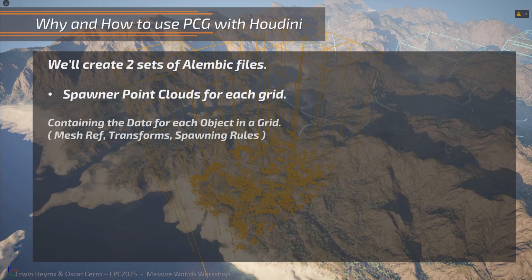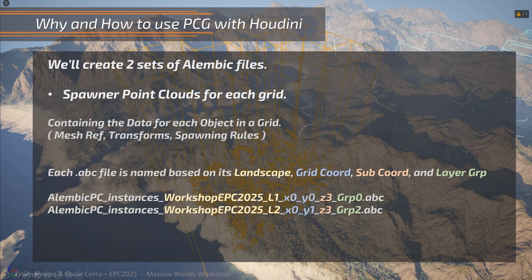Firstly, let's talk about our spawn point clouds. These contain information such as the mesh reference, the transforms, and the spawning rules for each grid that we're trying to spawn objects for. This basically means that we end up with a bunch of Alembic files named based on the landscape, the grid coordinate in that landscape, which quadrant in that grid it's in, and then the layer that it belongs to.